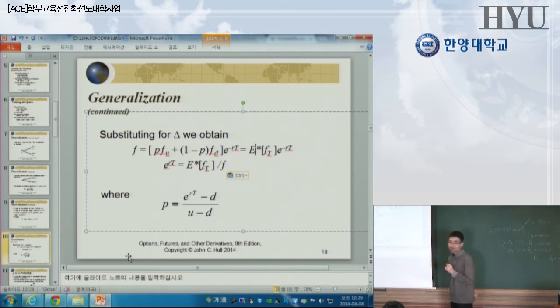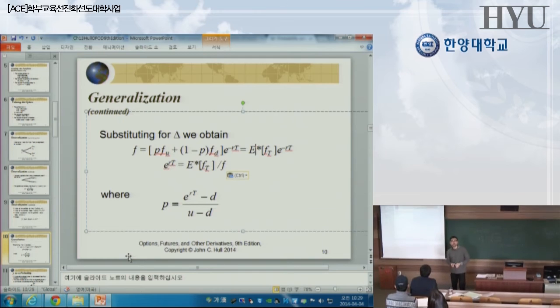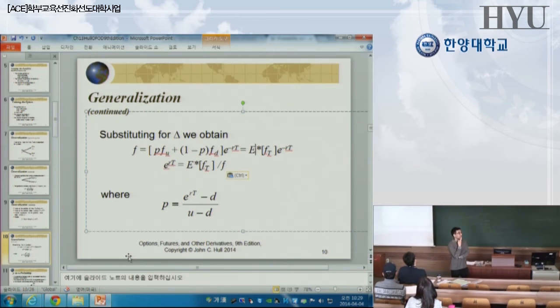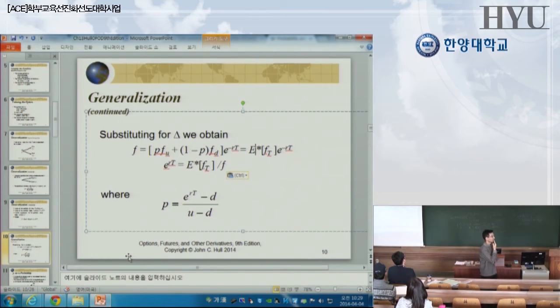It is possible that it can be negative. Do you think that P can be negative? Why should P be more than 0?